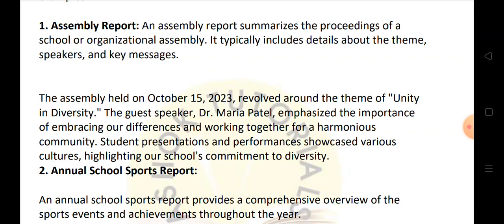Number one, assembly report. Now, what do we understand by assembly report? An assembly report summarizes the proceedings of a school or organizational assembly. It typically includes details about the theme, speaker, and key messages. Now, every morning in our schools, we have assemblies, conducted by different classes and different sections, and a different theme is given to the students to prepare and speak on, right?